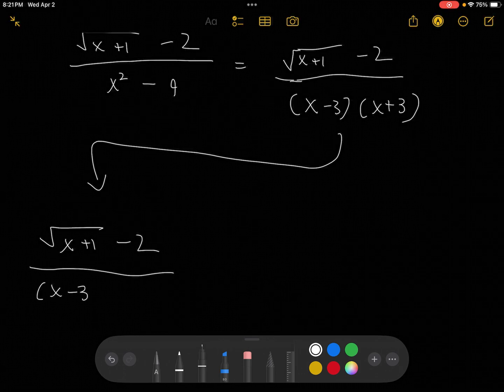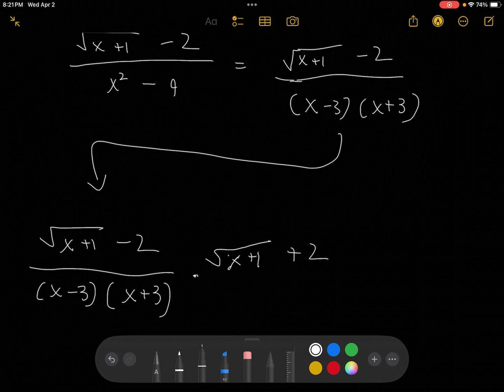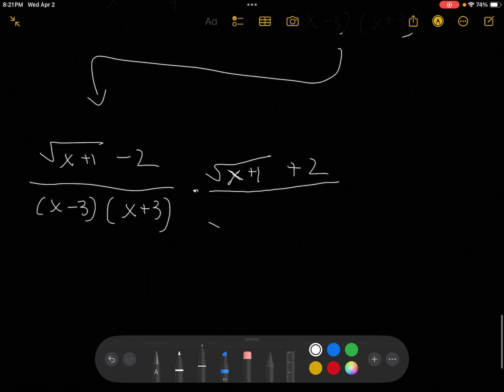And the conjugate is the same expression. So we're going to have square root of x plus 1, but instead of subtracting 2, we're going to add 2. And then in order to keep this true expression, we're going to have to divide by the same thing.